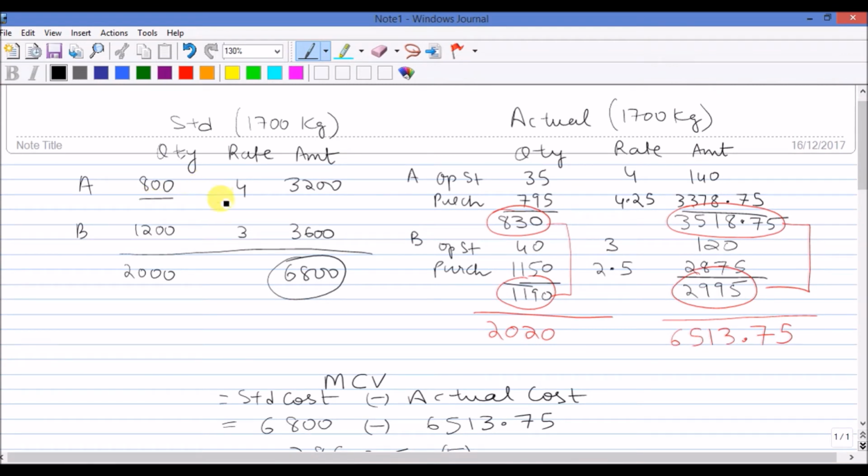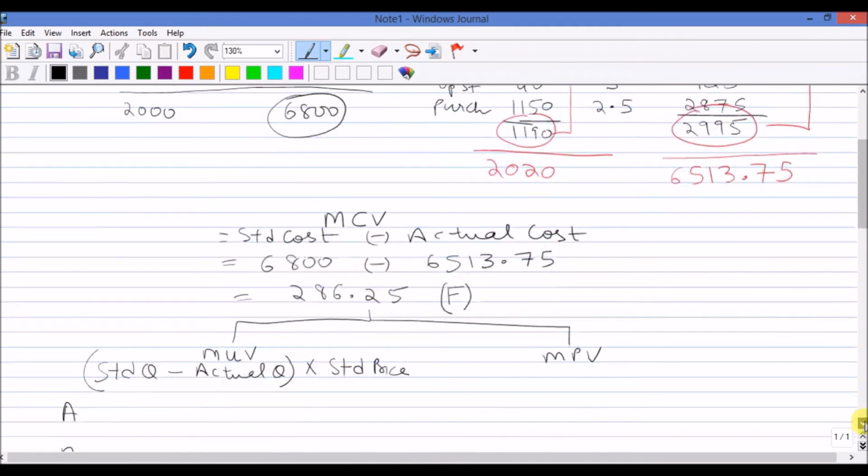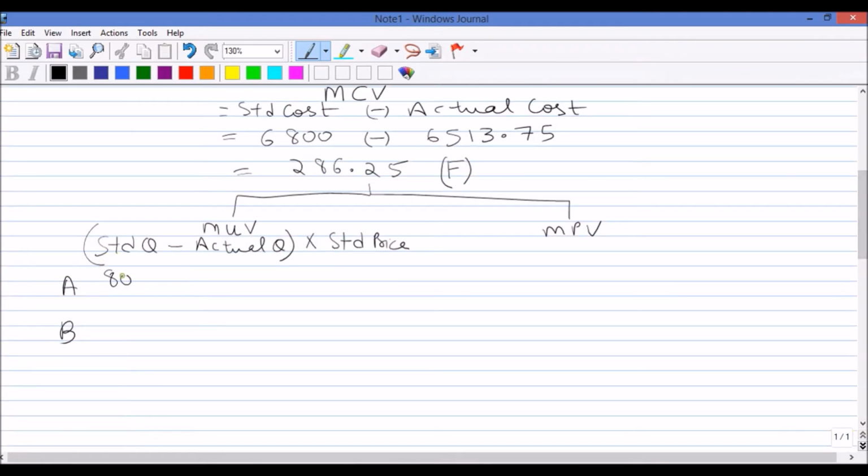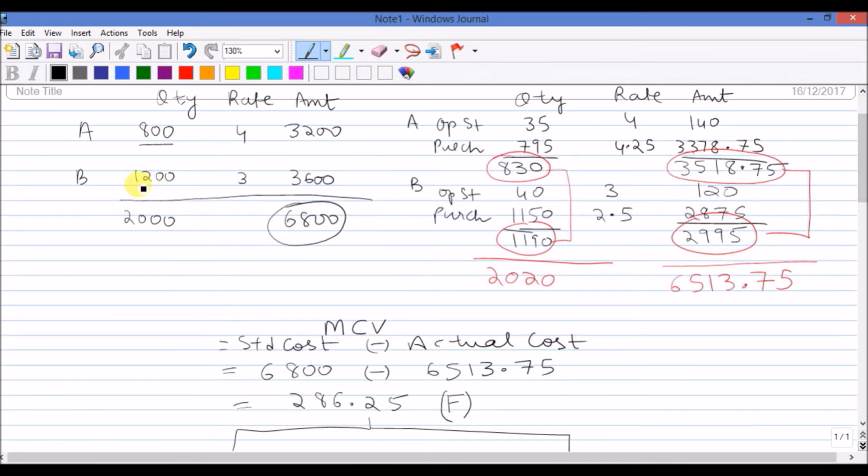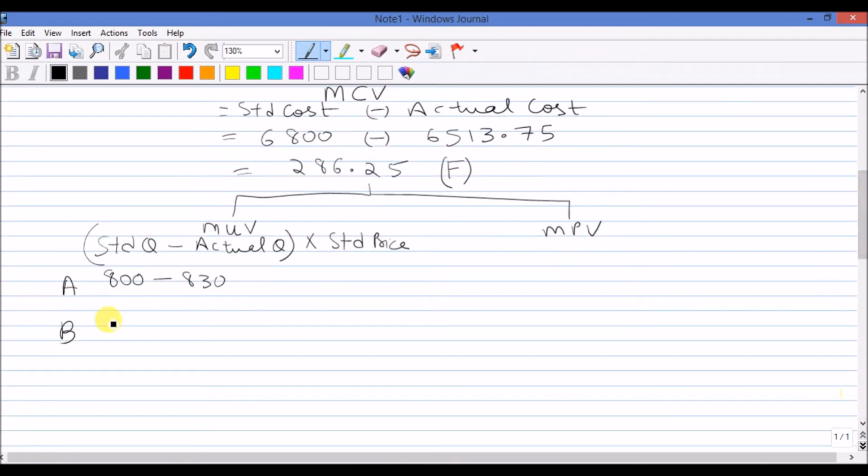So 800 minus 830, and here it would be 1200 minus 1190, and this I will multiply by the standard price.